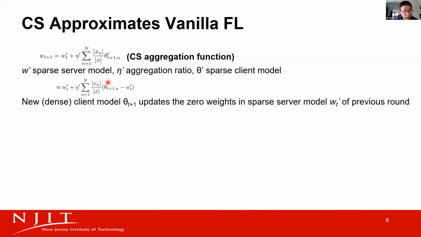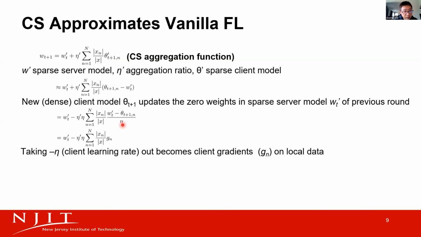And because every round the new dense client model mostly updates the zero weights in the sparse server model, when we subtract it, it zeroes out the non-zero weights in the sparse server model, which approximates the sparse client's model here.